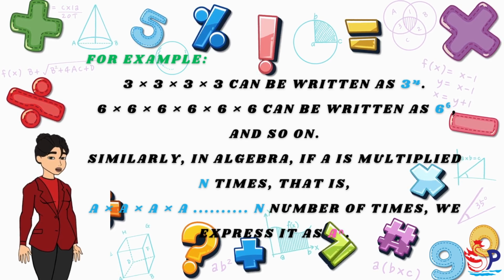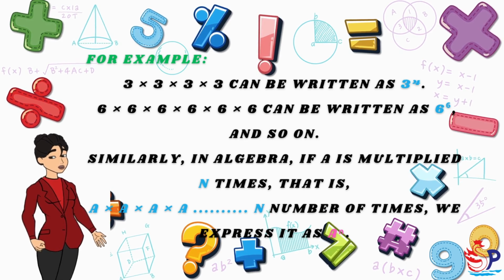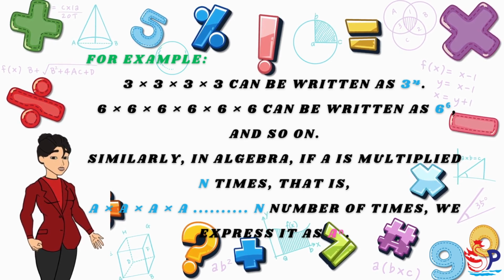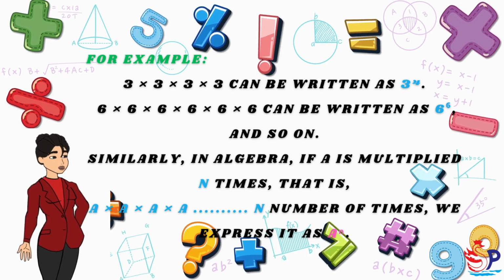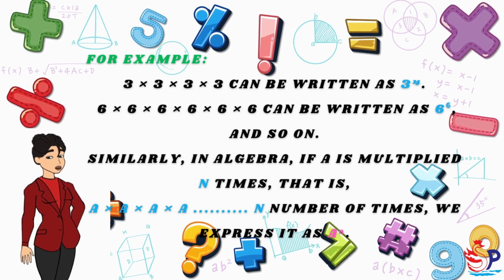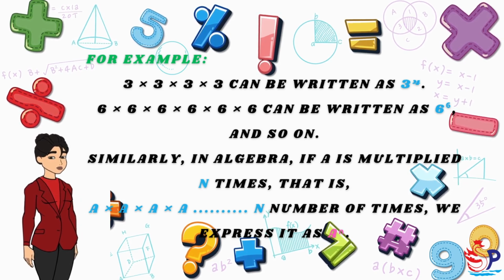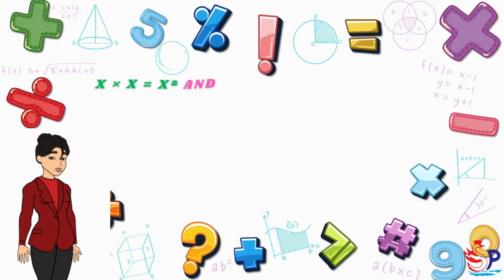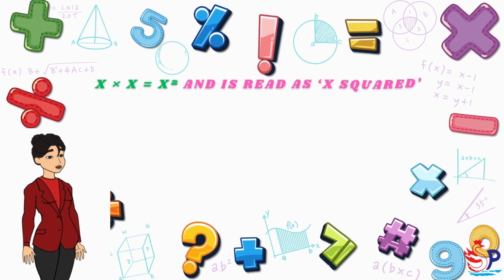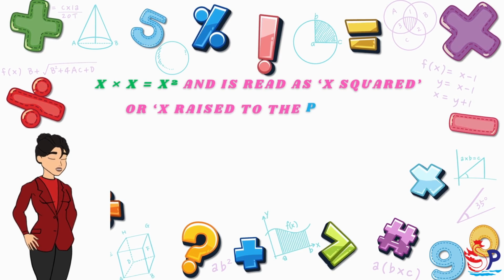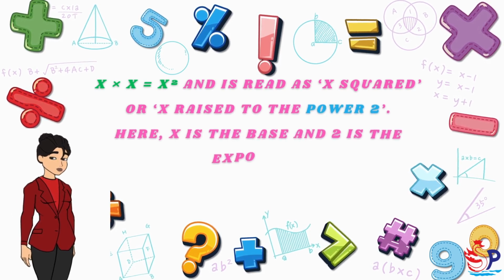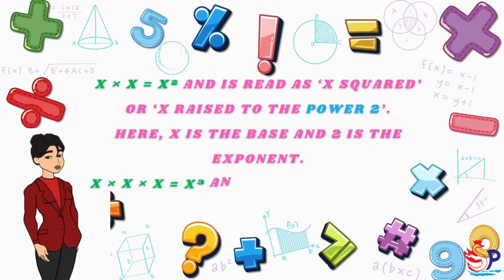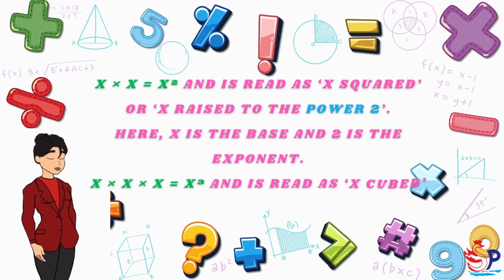Similarly, in algebra, if a is multiplied n times, that is, a multiply a, n number of times, we express it as a power n. x multiply x is equal to x power 2 and is read as x squared or x raised to the power 2. Here, x is the base and 2 is the exponent.